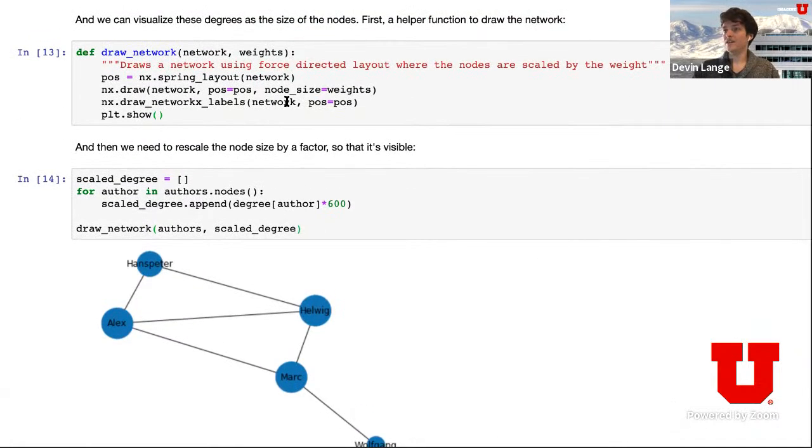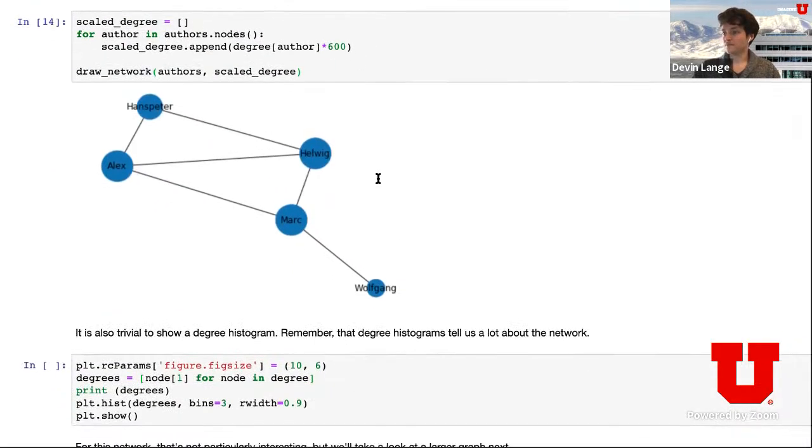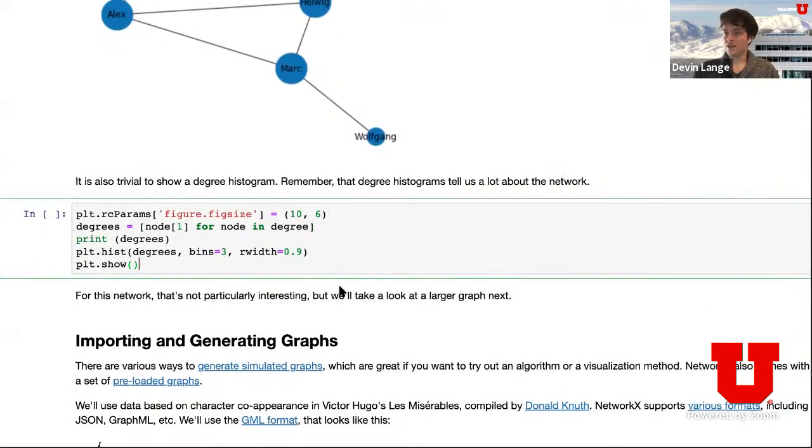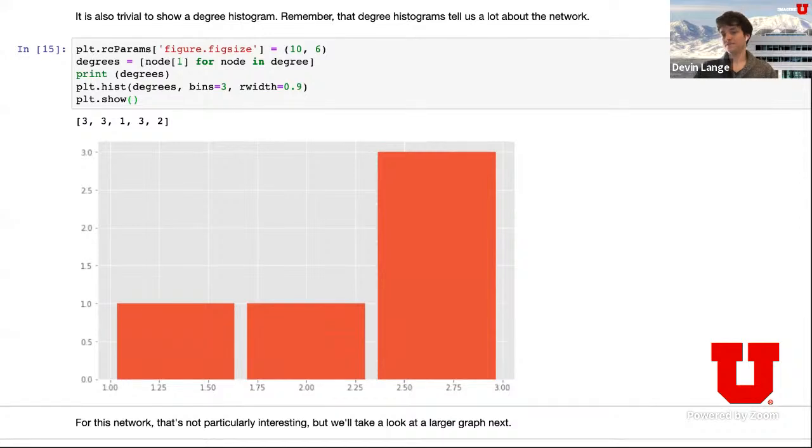And we pass that in to the node size here as weights. And also like we saw in the slides, we can get a histogram here relatively easily for the distribution of degree within all our nodes.